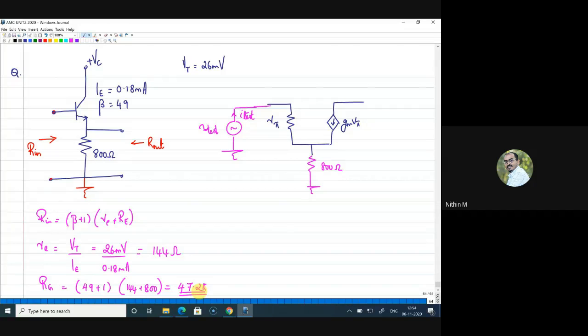Now, tell me if there is any mistake in my calculations. Now, what is Rout in this case? Okay, let me check with one of you. Renuka, are you there? Renuka?